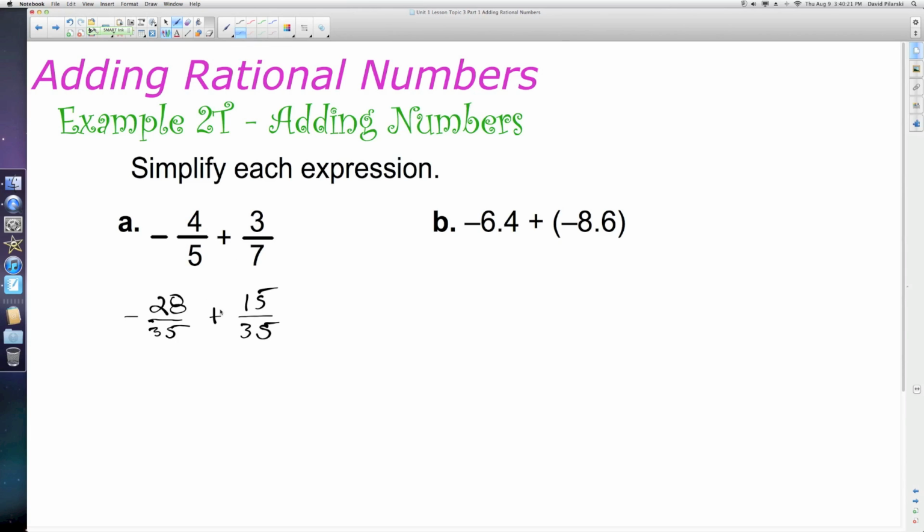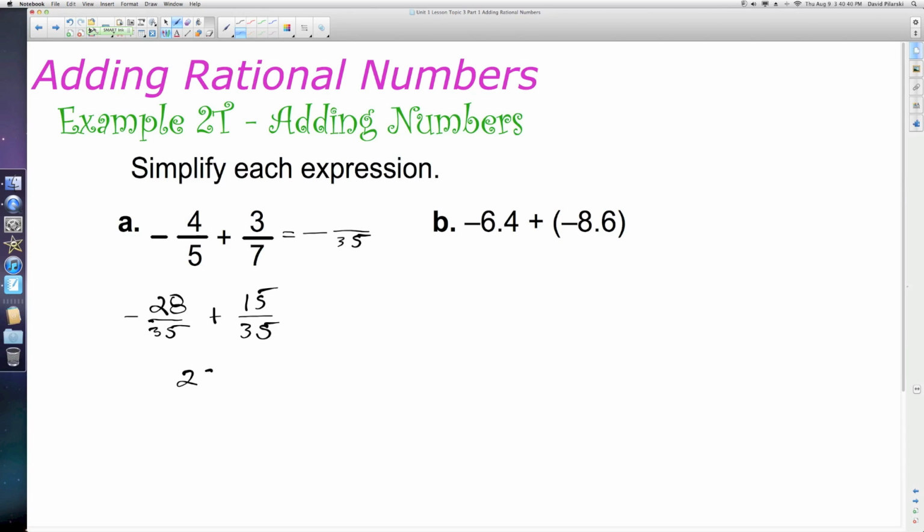So now, when I look at these numbers, negative 28/35 has a greater absolute value than 15/35. Therefore, my answer is going to be negative and something over 35. I might have to reduce that answer, but we'll do that in a moment. So now I have to subtract the numerators' absolute values.